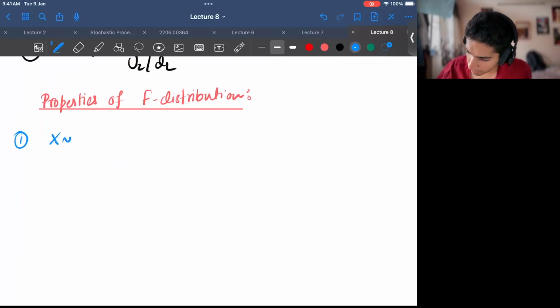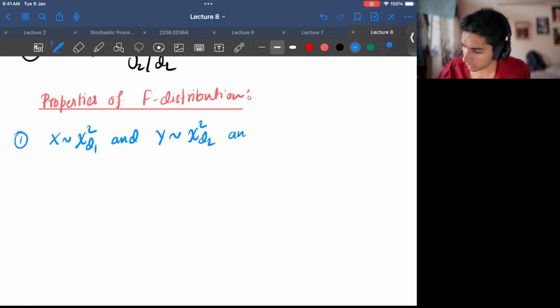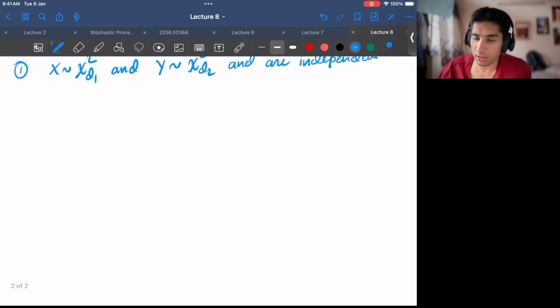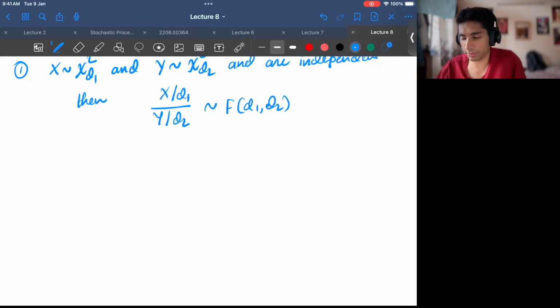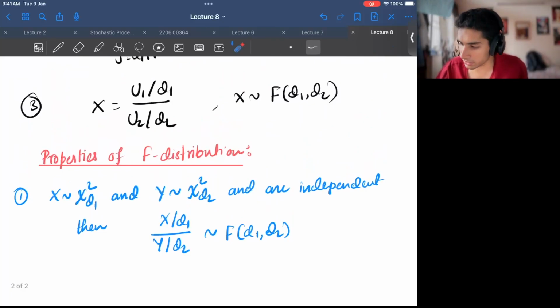If X is sampled from a chi-square distribution with degree of freedom d1, and Y is sampled from a chi-square distribution with degree of freedom d2, and they are independent, then (X/d1) divided by (Y/d2) is distributed according to the F distribution with parameters d1 and d2. This is just by construction.